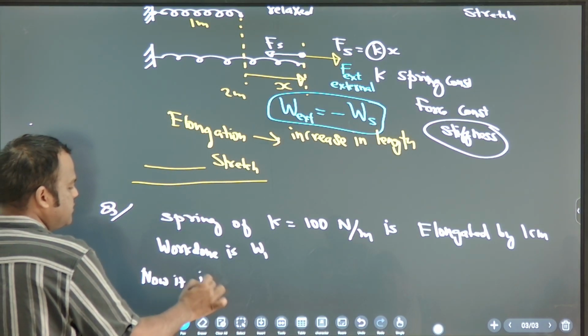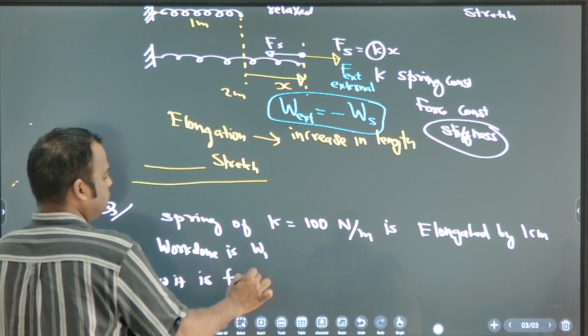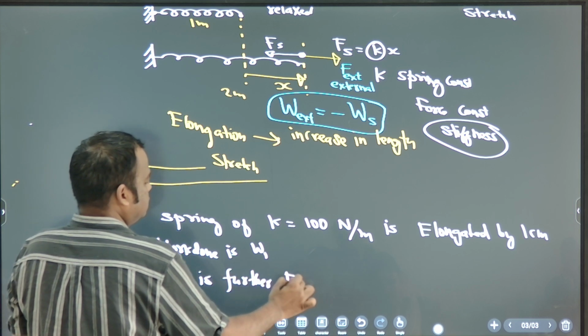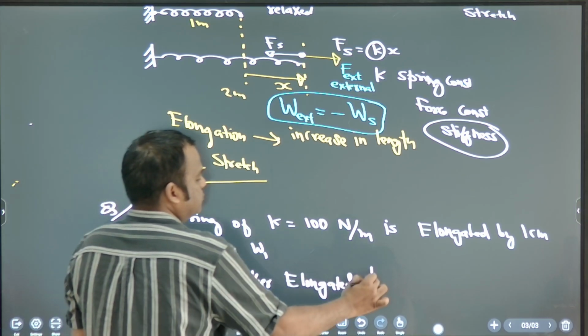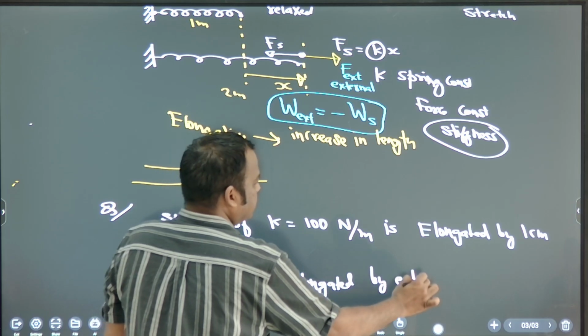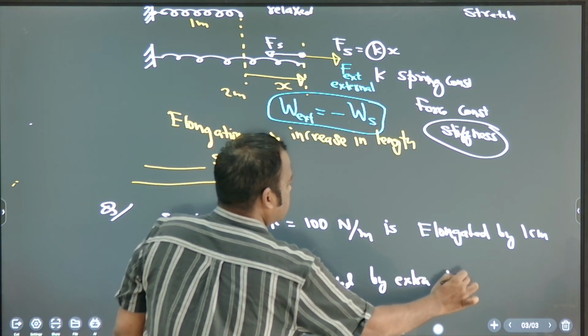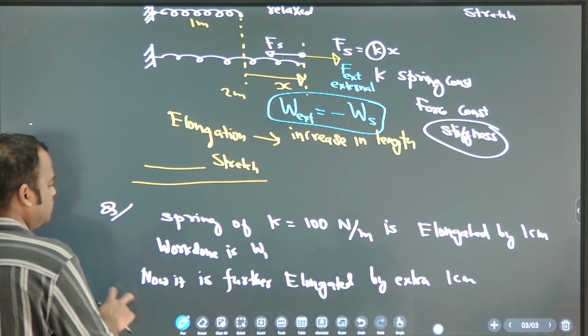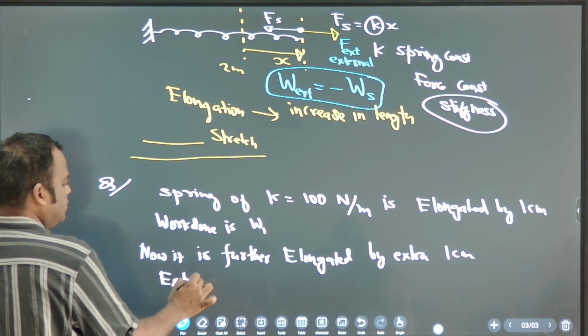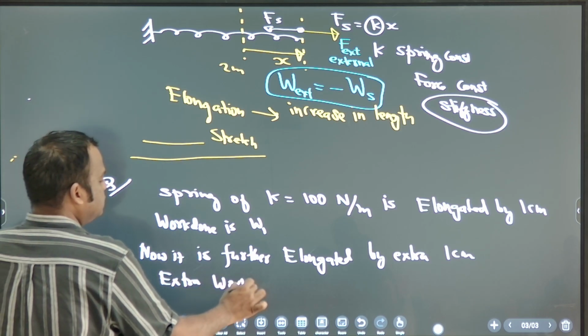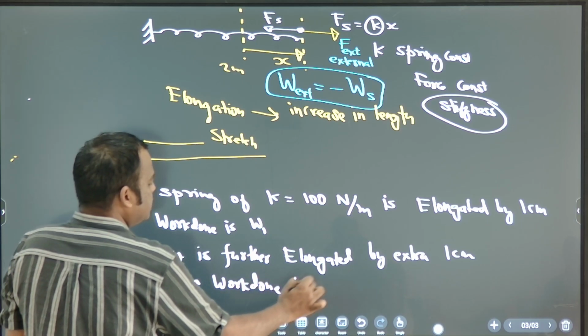Now it is further elongated by extra 1 centimeter. Work done is W2.